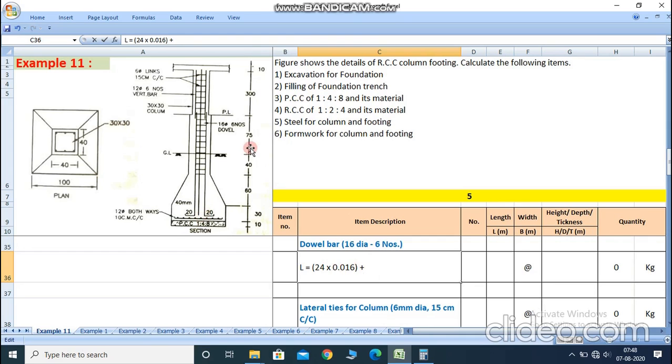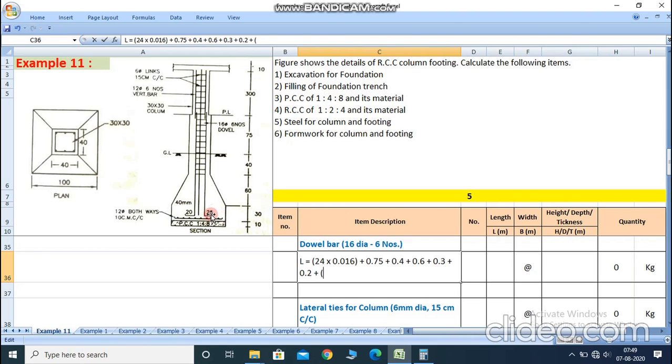So lap length, this portion, then 75 centimeter converted to meter is 0.75, plus 0.40, plus 0.60, plus 0.30, plus here 20 centimeter, so 0.2, plus the hook.